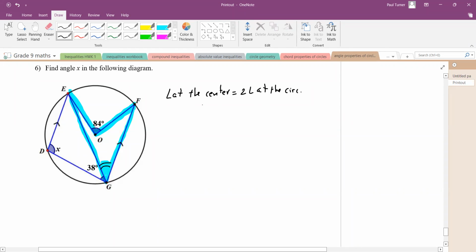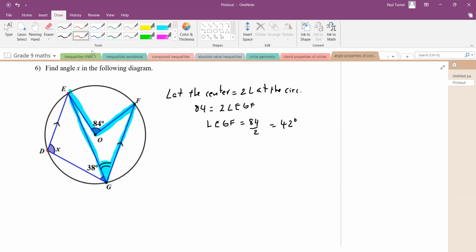So the angle at the center, 84, is 2 times the angle down here. Let's call that EGF. So angle EGF would be 84 on 2, which would be 42 degrees. So this angle down here is going to be 42.